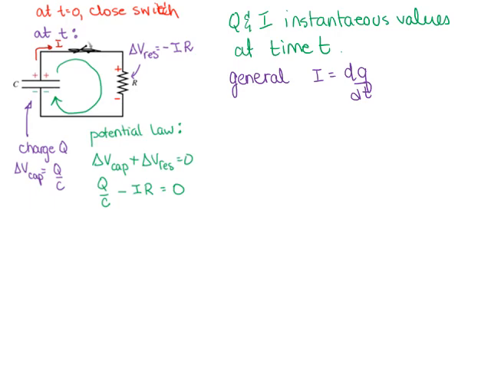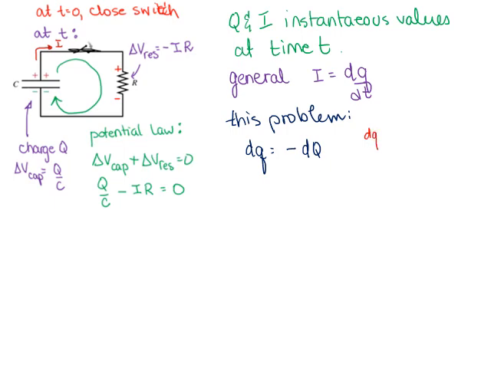For this problem specifically, our current is still change in charge over change in time, but our change of charge, dq, is equal to minus d of big Q. So now this is kind of important. dq is the amount of charge that gets pushed through the resistor when our charge Q is decreased by a little amount dq.